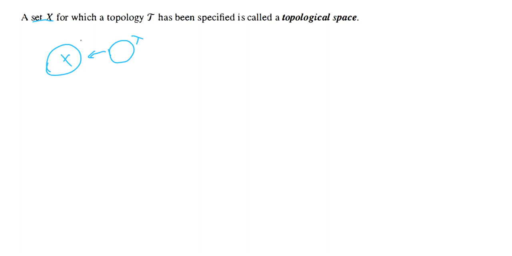So we call this X with this special structure T a topological space. So that is what a topological space is.